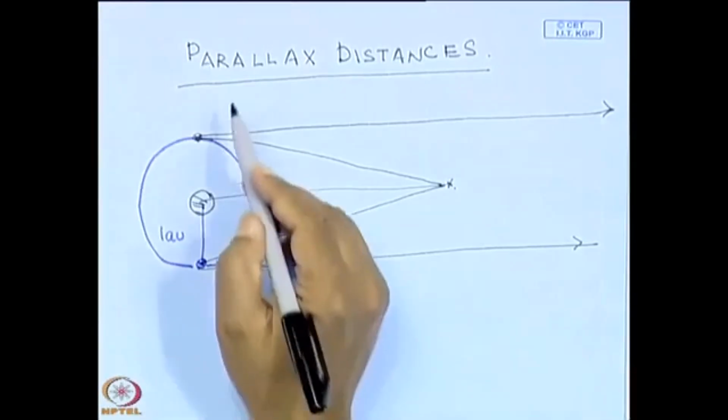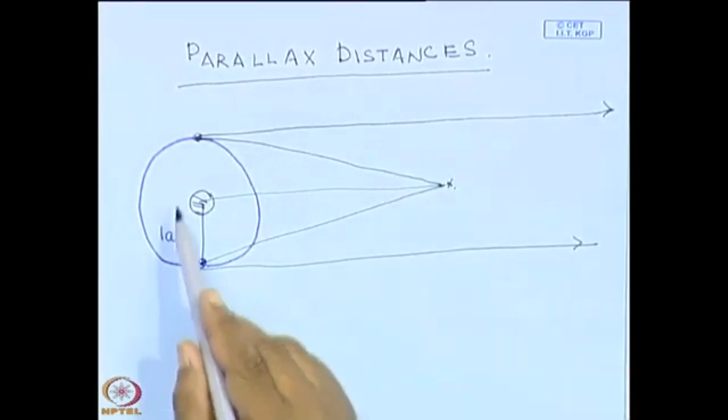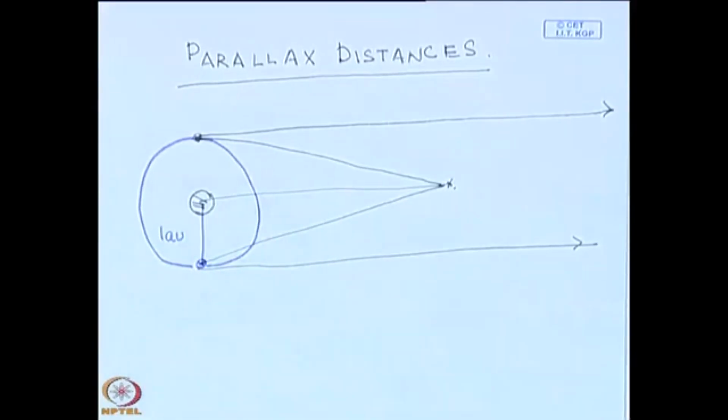These distances are referred to as parallax distances, and this gives us the most direct estimate of distances beyond the solar system. And the unit of distance beyond the solar system is based on this.